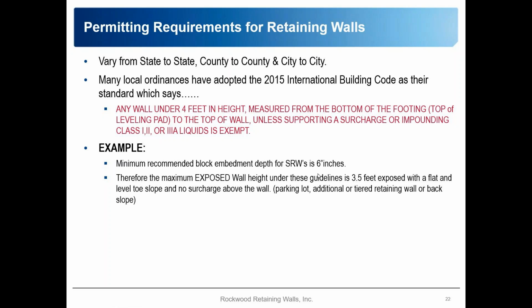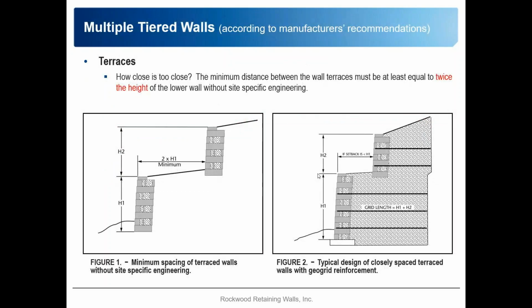And that's assuming, again, that it's not going to support a parking lot or surcharge or have a back slope, and that there's no toe slope. So that's just a little clarification. What you do with that information and how it's used out in the marketplace, I've been fighting it for years, but this is what it says, and this is what it means.